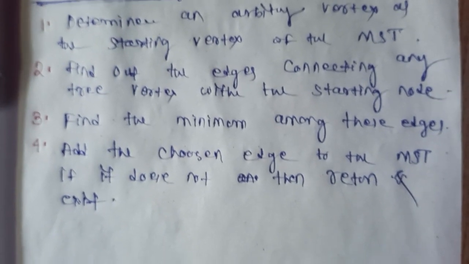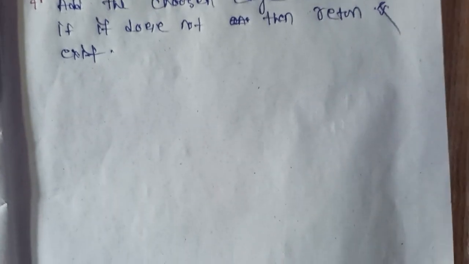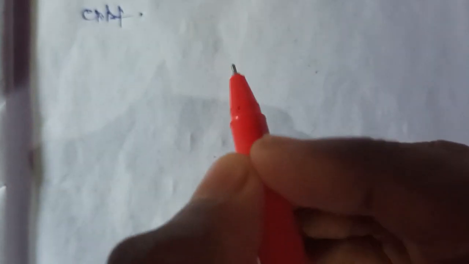Now let's understand how the algorithm works with an example. Let us draw a graph, with the help of which we can find the minimum spanning tree.